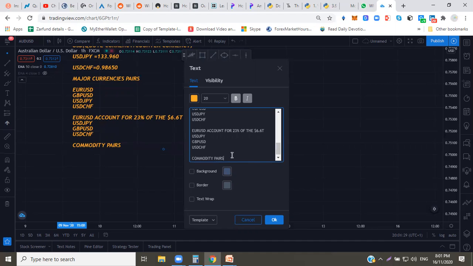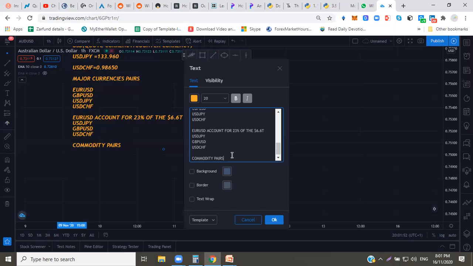Now, commodity pairs are pairs of currencies of major economies that are commodity based. So the currencies of those countries are what's called commodity currencies.